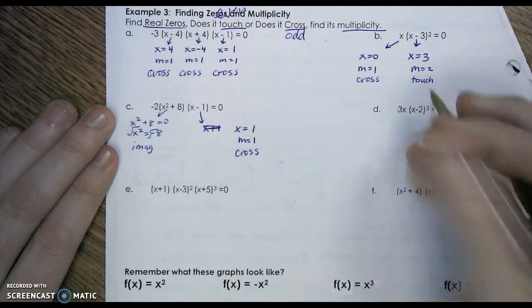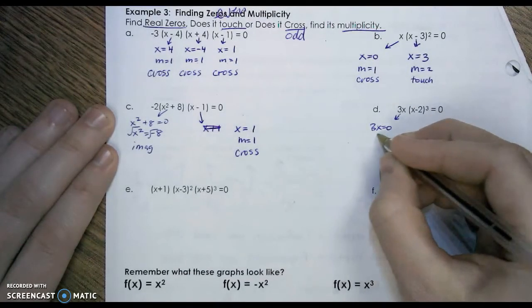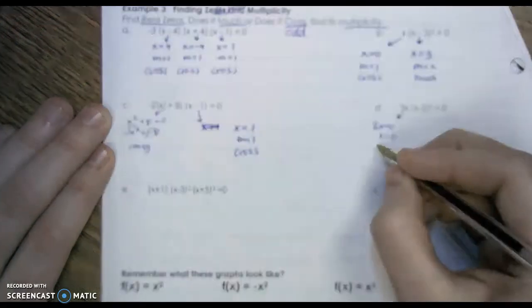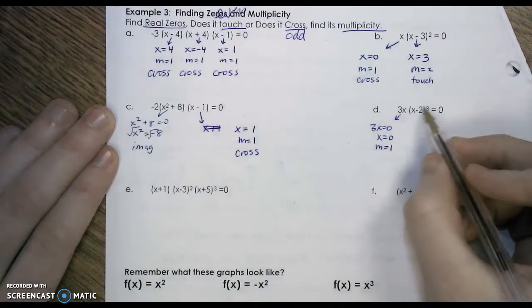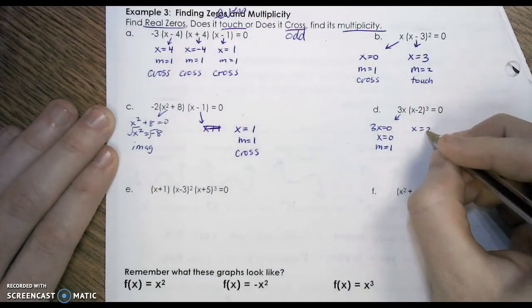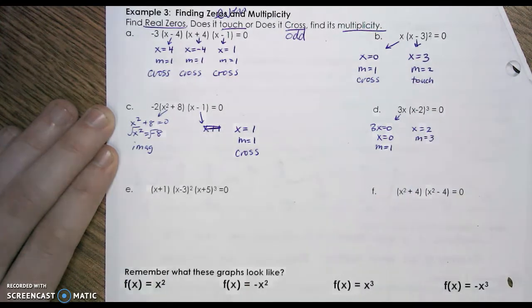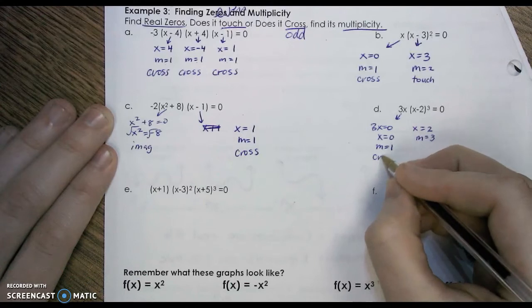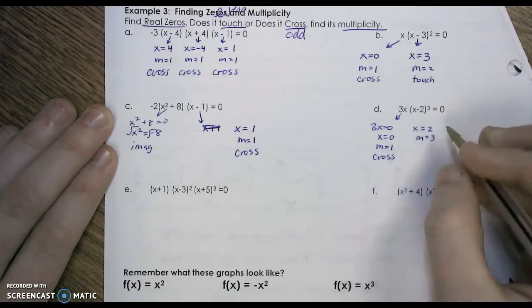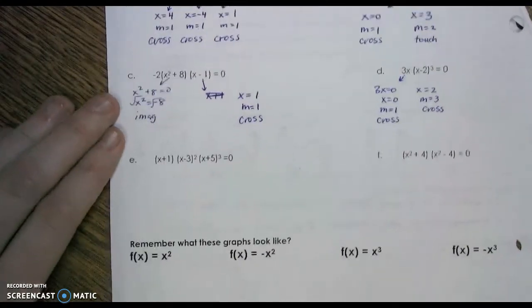Over here, I've got 3x equals 0, which if I divide by 3, I get 0, which is multiplicity 1. There's a degree of 1. Here, I'm going to get x equals 2 with multiplicity 3 because of the exponent of 3. And so then this one is going to cross because it's an odd multiplicity, and this is going to cross the x-axis because of the odd multiplicity.